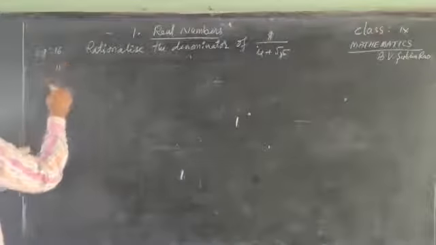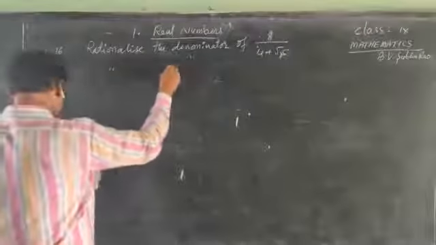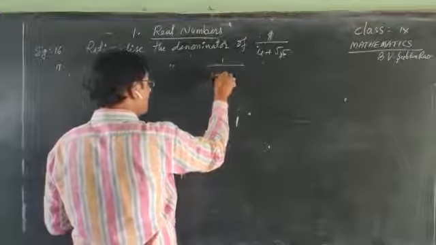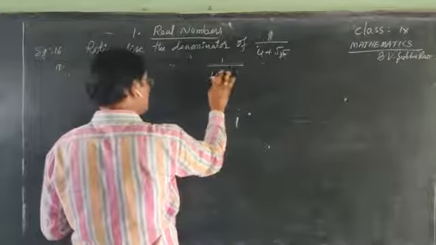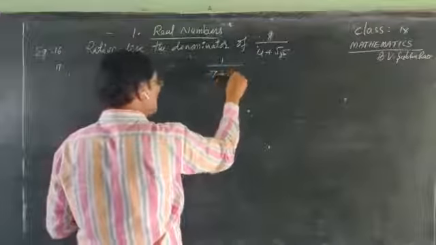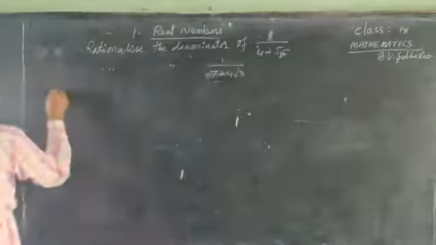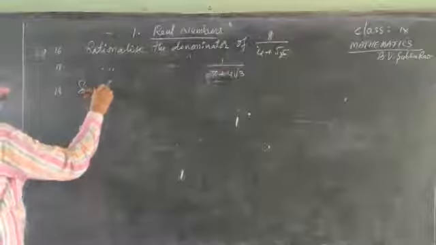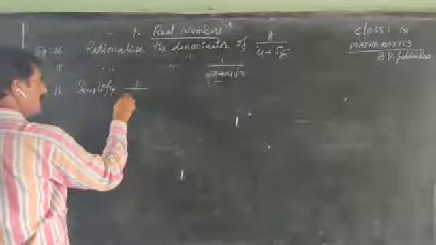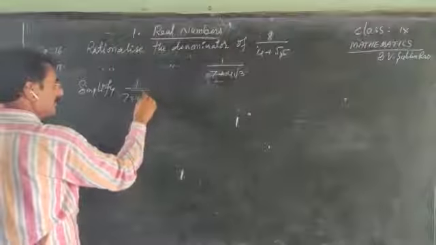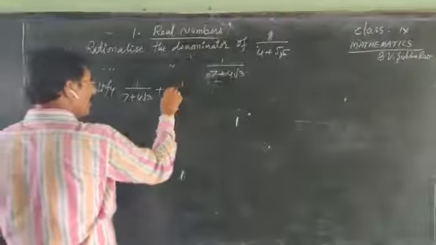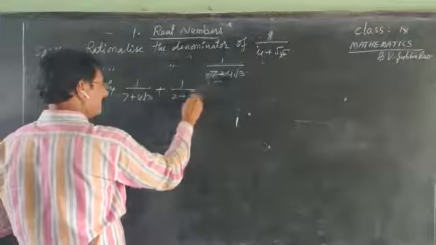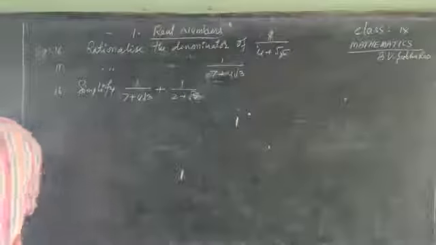Next, 17th example, same: rationalize the denominator of 1 by 7 plus 4 root 3. And 18th example: simplify 1 by 7 plus 4 root 3 plus 1 by 2 plus root 5. First you observe this example.